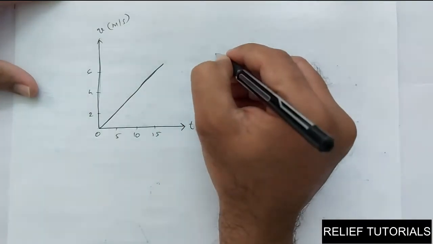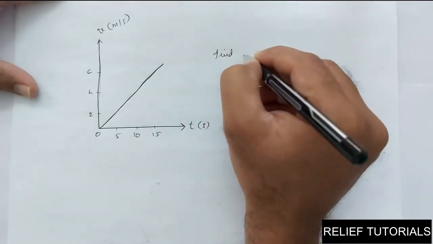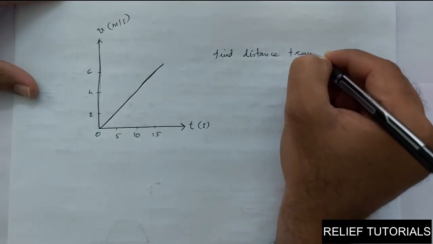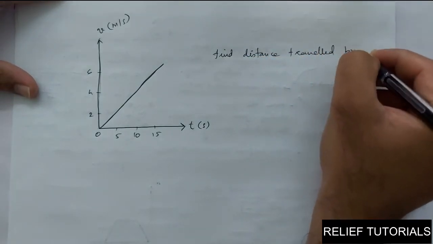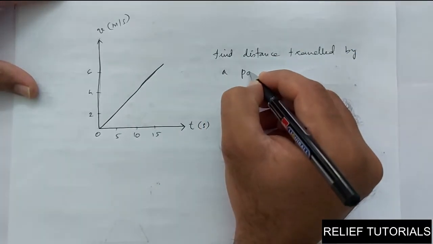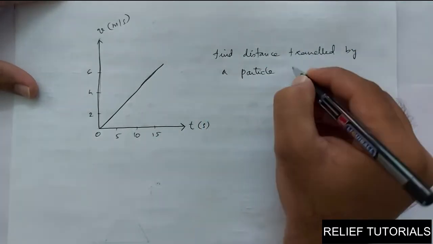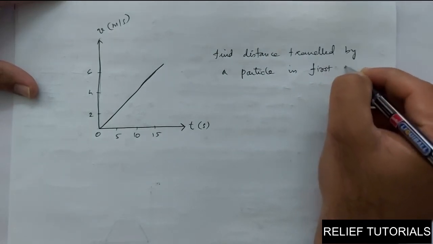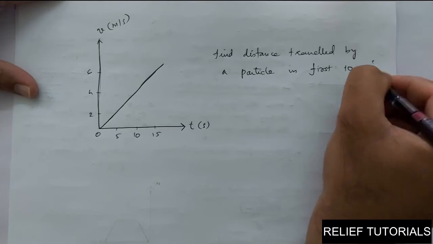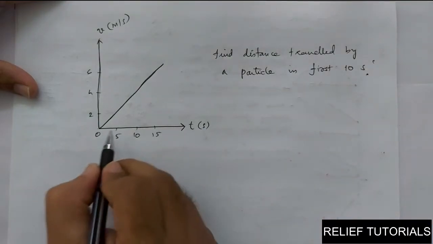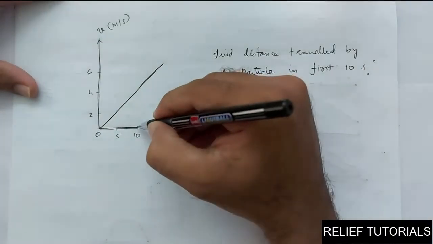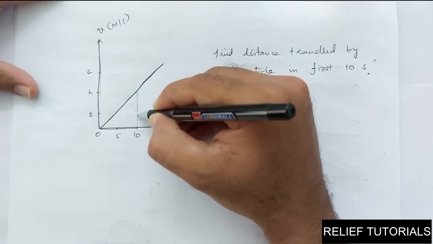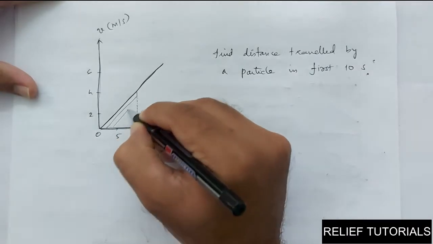I want to find the distance traveled by a particle in the first 10 seconds only. So first 10 seconds means here you can have a line like this. So this is the region covered under the graph.